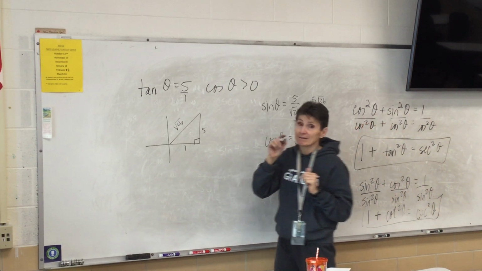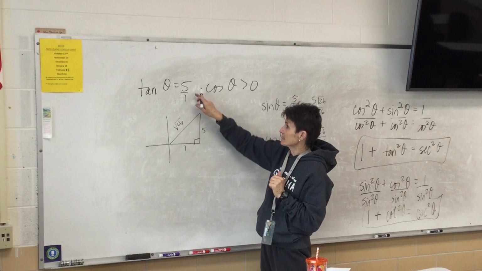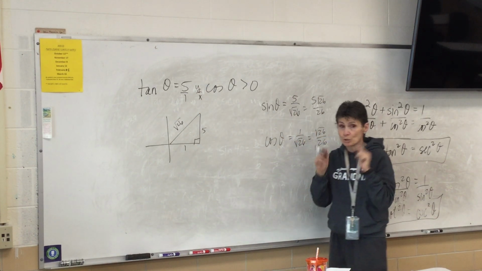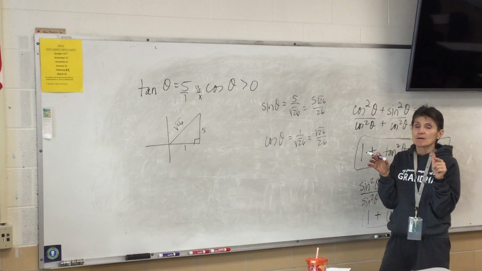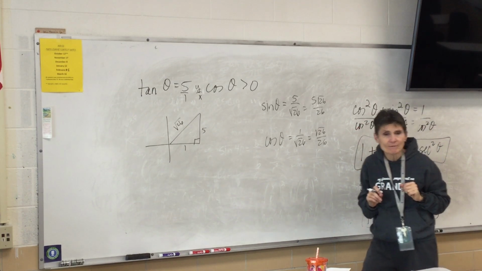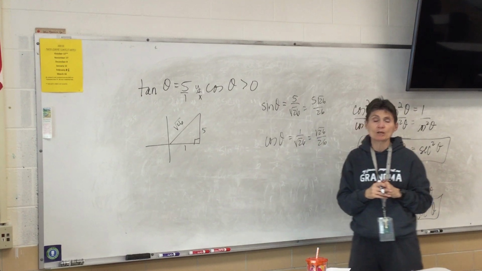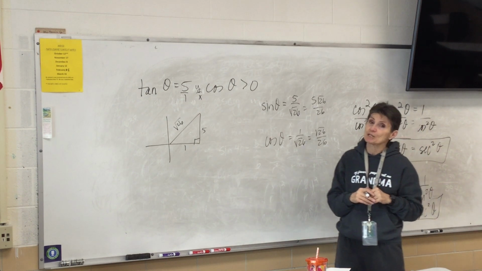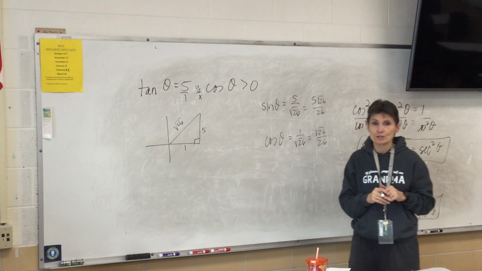What you can automatically do is say, okay, that's y over x. So you can say that, but you cannot say that the numerator is the sine value and the denominator is the cosine value. I hope that makes sense to you. When we say sine over cosine, that's a ratio.